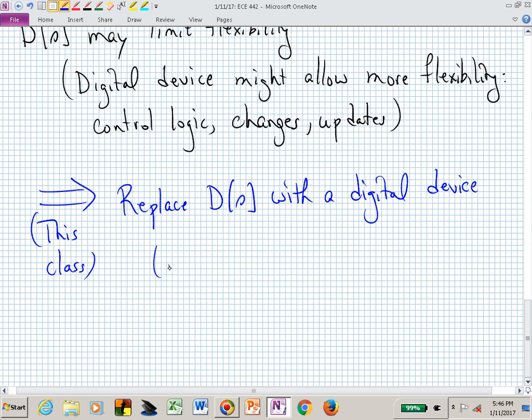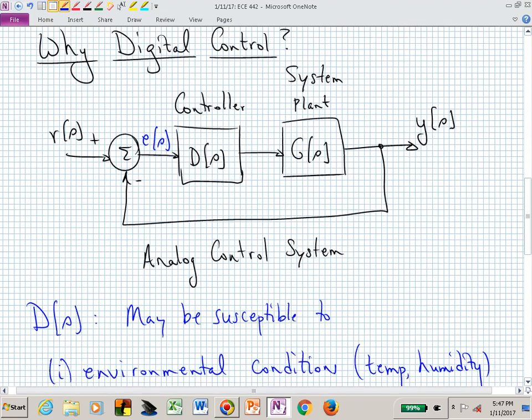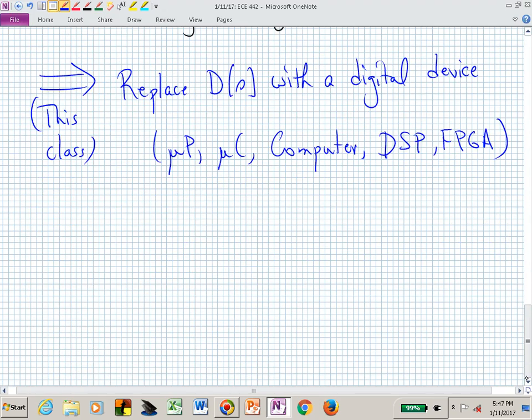And that could be a microprocessor, a microcontroller, a computer, a DSP, everyone's favorite, an FPGA from an earlier class, but that could then be used to realize these controllers. What we want to do now is simply show how we can remove that analog controller and replace it with a digital device. And the block diagram is going to look fairly similar.